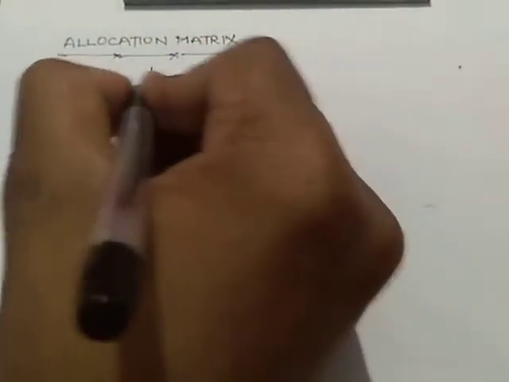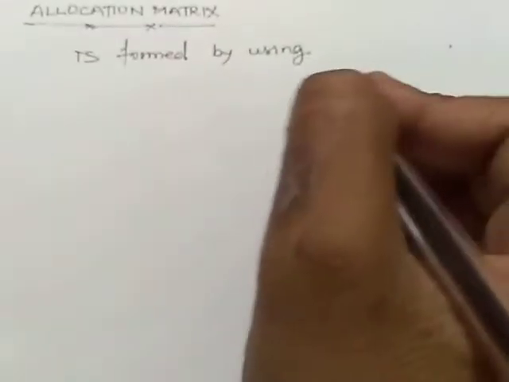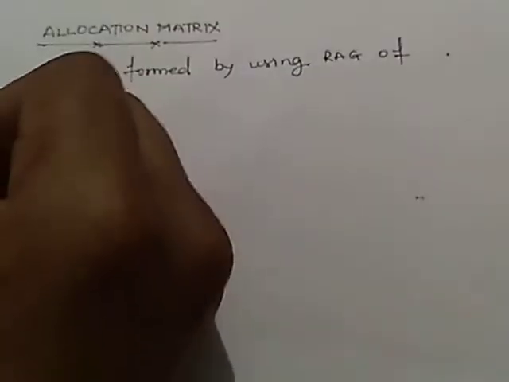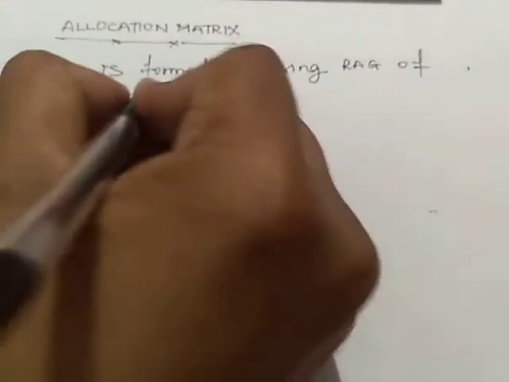Now in the resource allocation graph, the allocation matrix is formed by using the resource allocation graph of a system.